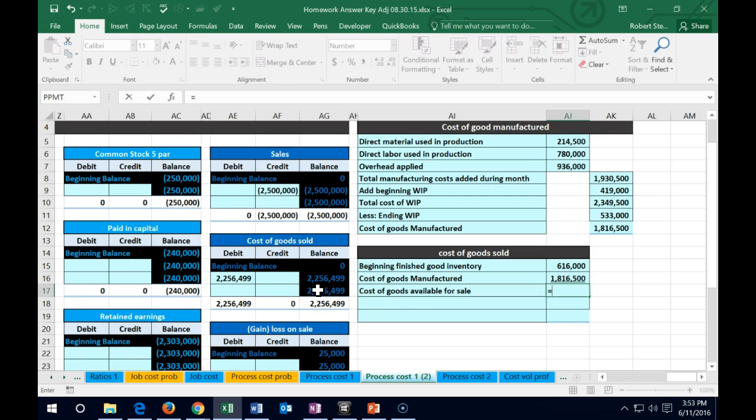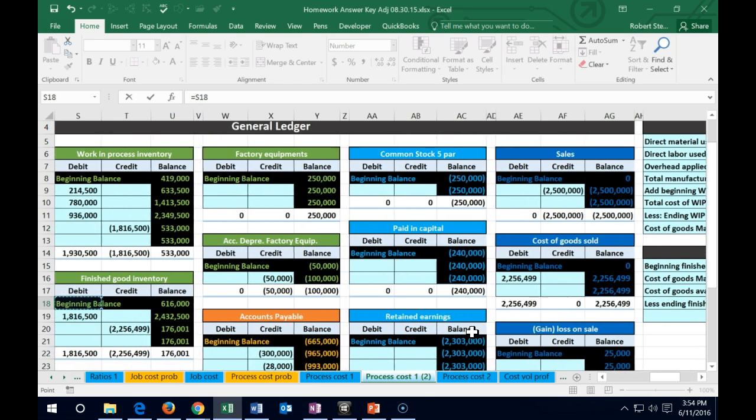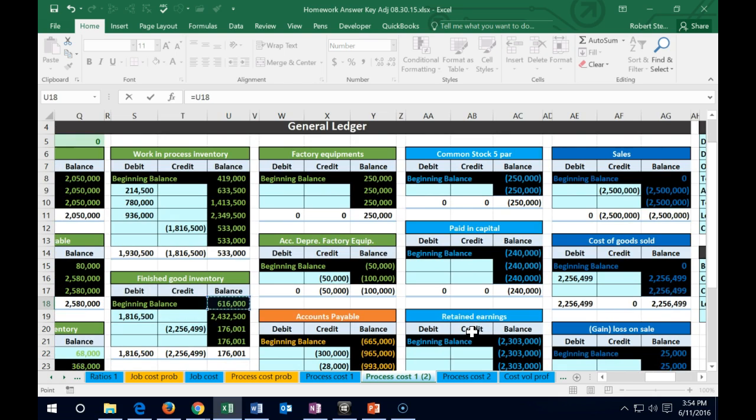So I'm going to say that equals the sum of 616 and the 1,816,500. That's the cost of goods available, less, we're going to say the ending finished goods inventory. And you might be saying again, how would we know what that number is? And in real life, the most simplified way to think about that is we would count it. And the problem gave us this number. We wanted to end up at this number here, and that's how we figured out to do this to it.